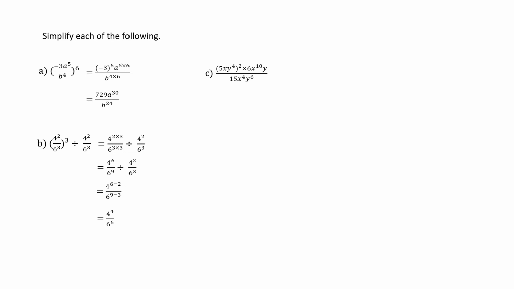Let's see the next example. This is a multiplication between index numbers. The concept is still the same. For the first step, you simplify this first, meaning that the whole thing inside the bracket has to be to the power 2. So including the number, 5 to the power 2, and x to the power 2, and y to the power 4 and power 2.